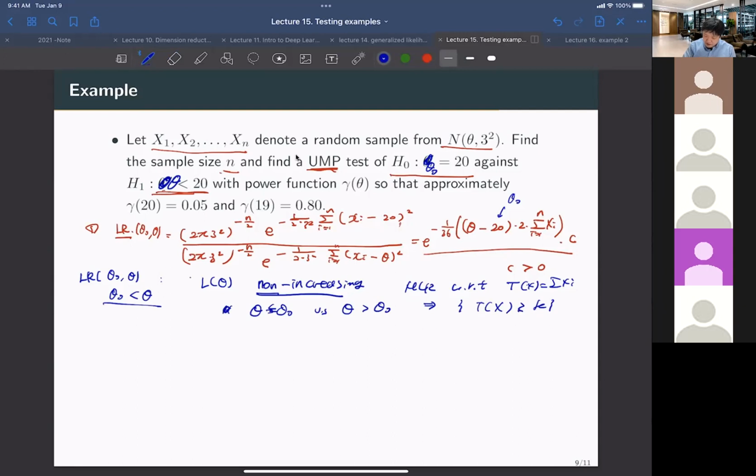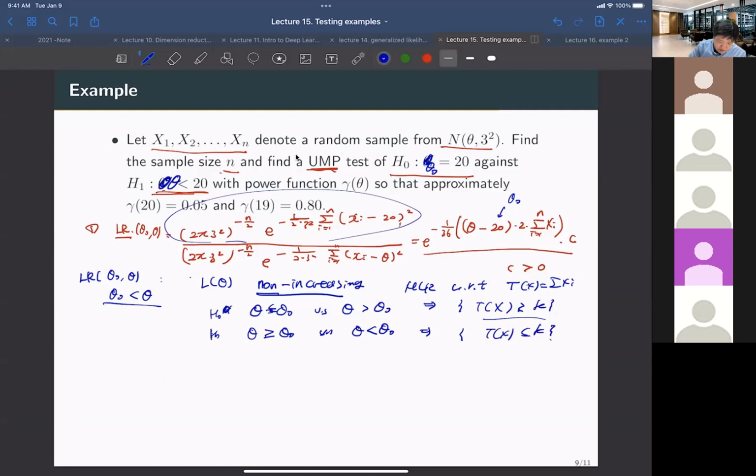Right, so if this is large, it means the likelihood ratio is small, so we reject because the likelihood under the null hypothesis is too low. And if your hypotheses are in the other direction, the left tail, then the rejection region has a form like this.